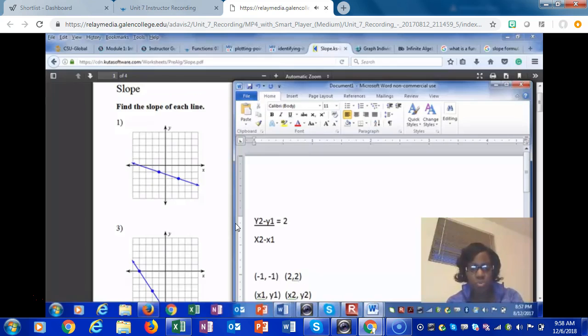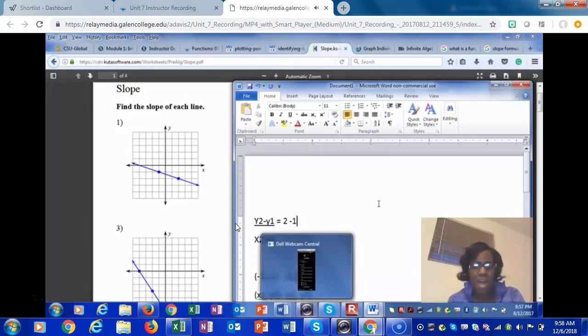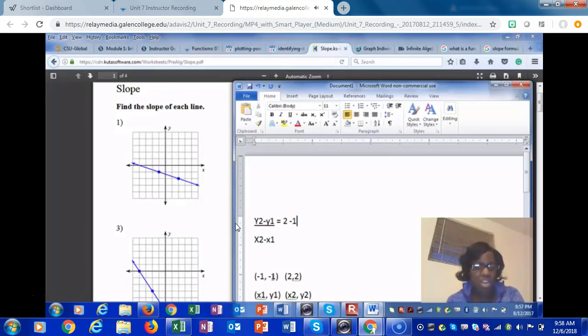y2 is 2. 2 minus a -1. Draw a line underneath it. x2 minus x1: 2 minus -1. Well, two negatives make a positive here and a positive here.